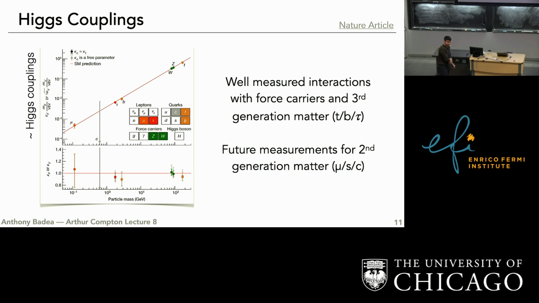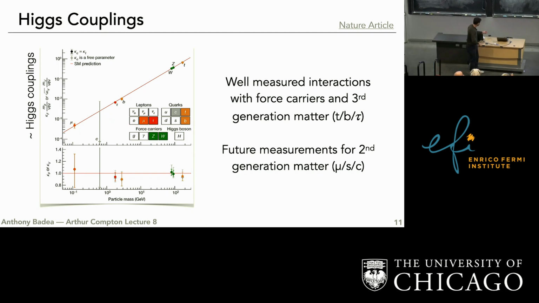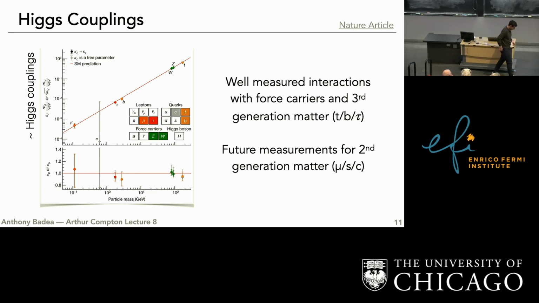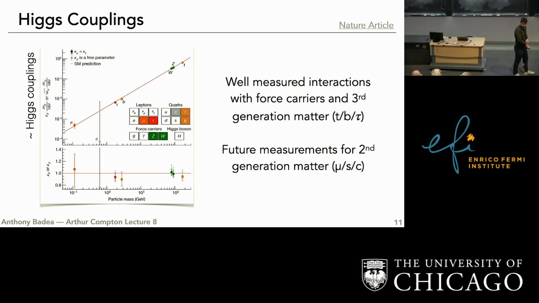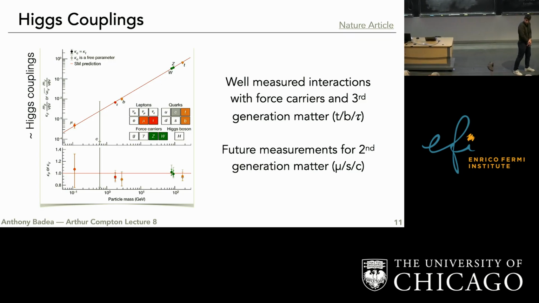So when you say that the Z and the W have mass because of the Higgs boson, does that mean that it's a combination of the Higgs with something else that the Higgs gives mass to? And what would it be if it didn't have the Higgs? Right.